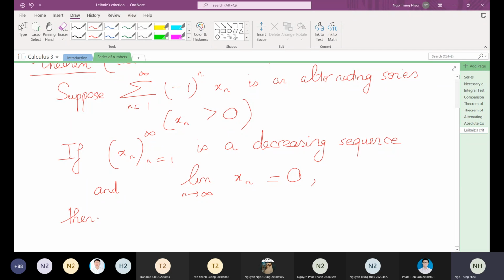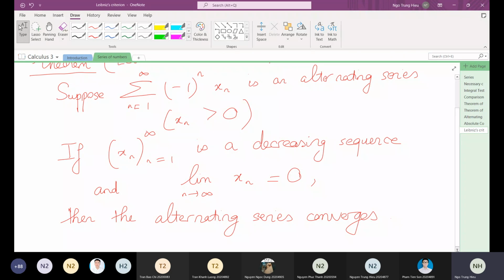Then by Leibniz theorem, this alternating series converge. So Leibniz criterion applies to an alternating series with individual terms go to zero, and the individual terms have to form a decreasing sequence, right?